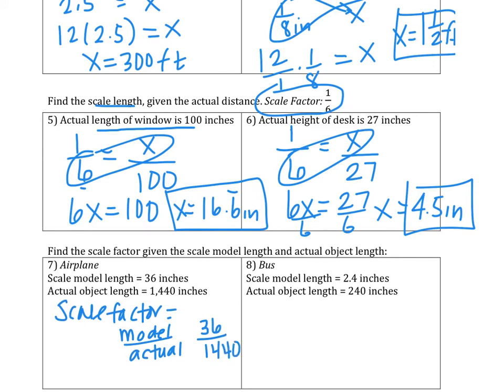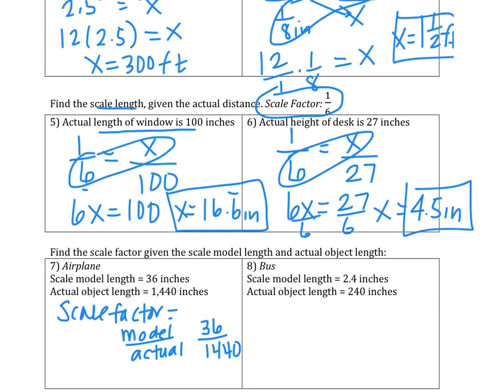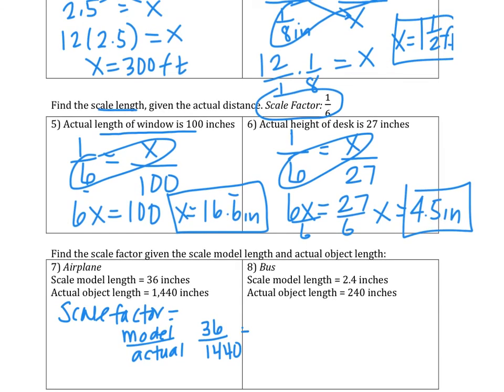So when we go ahead and reduce that down, we're going to divide by 36 over 36. That number goes into both of those, and our actual answer is going to be scale factor equals, we're reducing 36 over 1,440, and that's going to be 1 over 40.